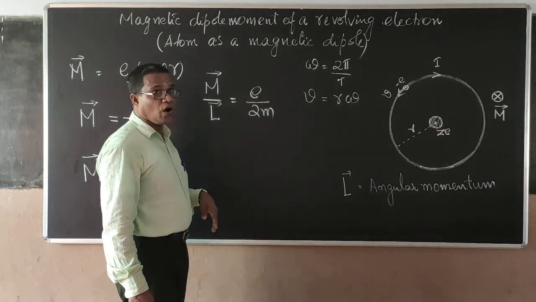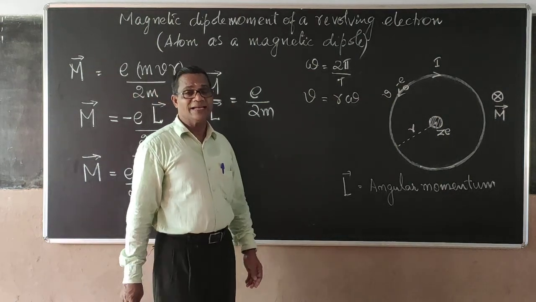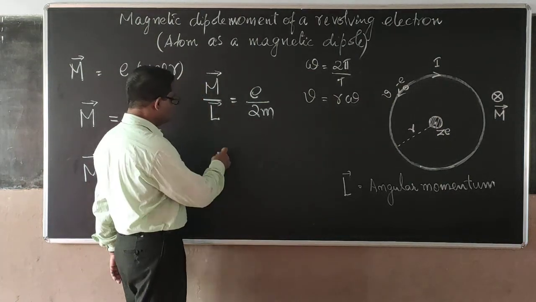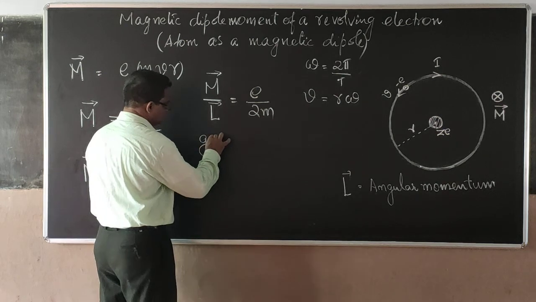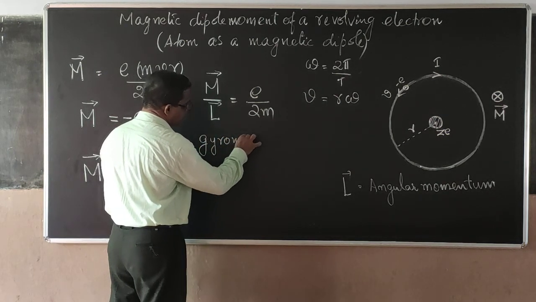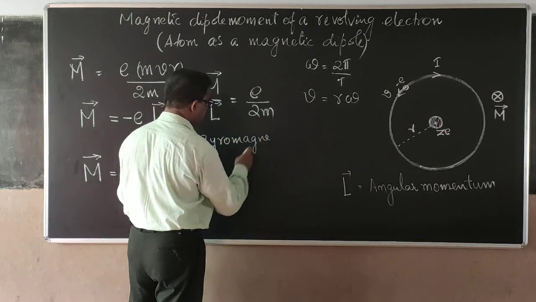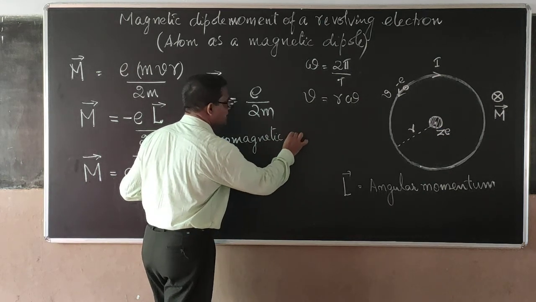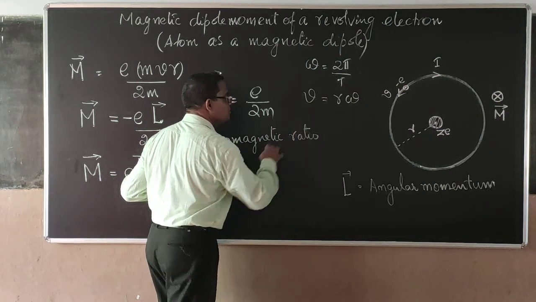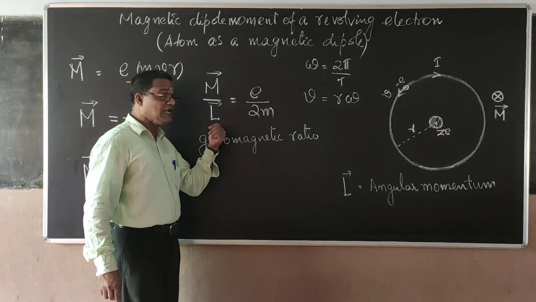This quantity is called the gyromagnetic ratio for the revolving electron.